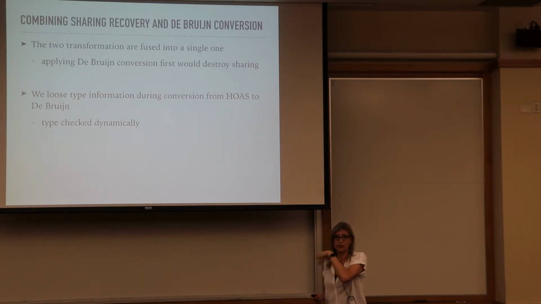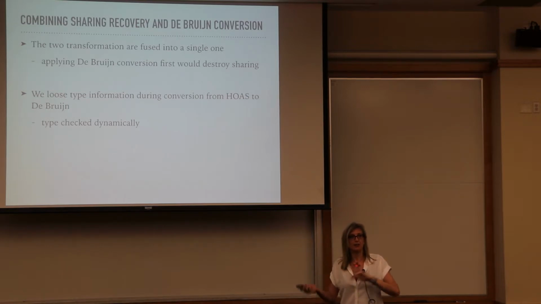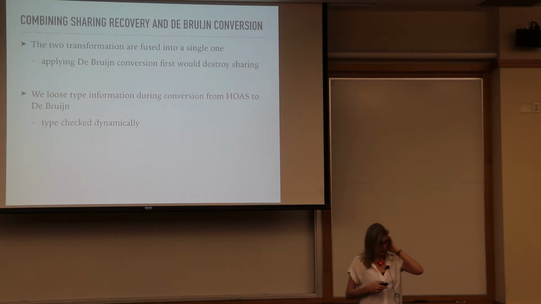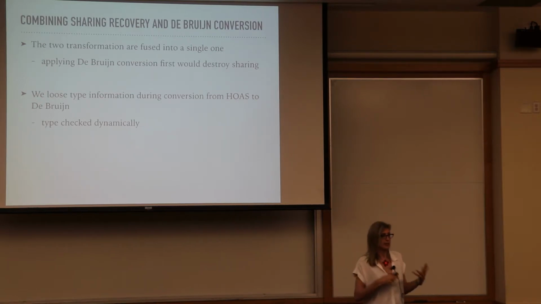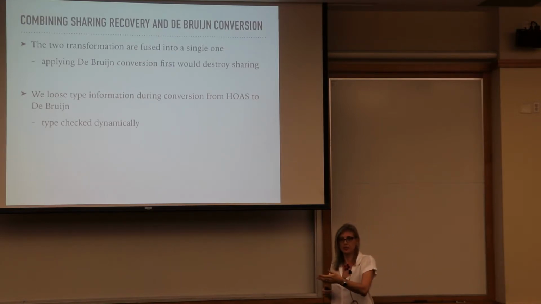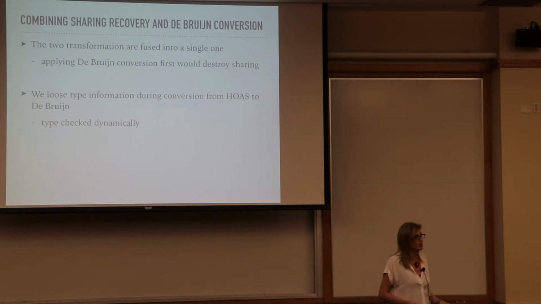At the same time we were working on this, a paper was published at the Haskell Symposium about unembedding embedded languages. The De Bruijn conversion they describe in that paper is essentially similar to what we do here, but they don't deal with sharing.